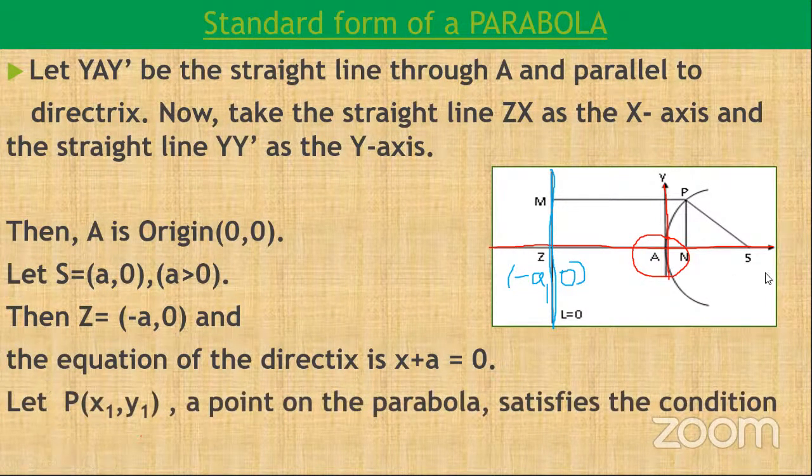Now, we have all the required points Z, A, S, and P. Now, let us take a point on the locus. Let P be the point with coordinates (x1, y1), children.